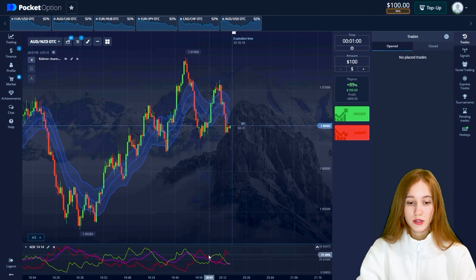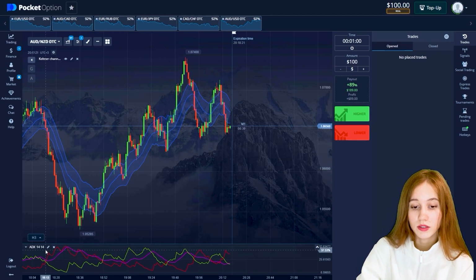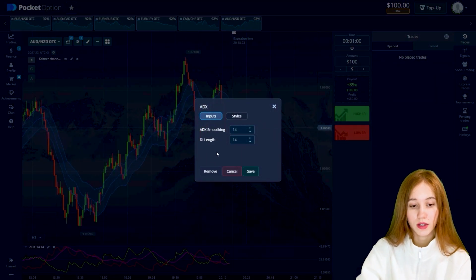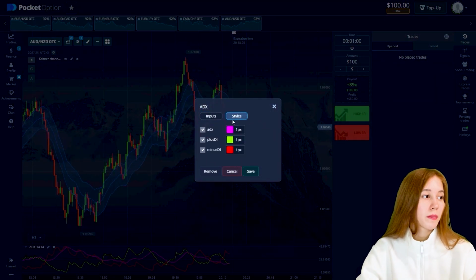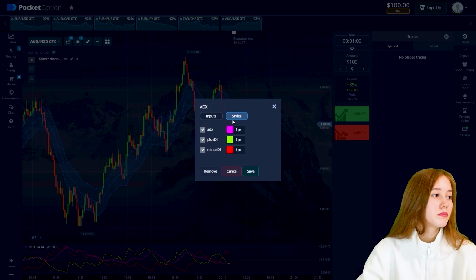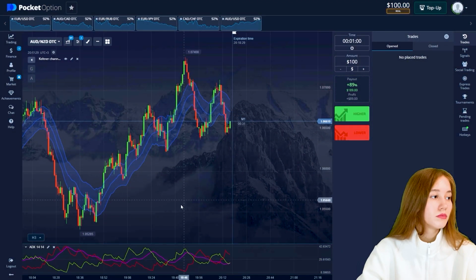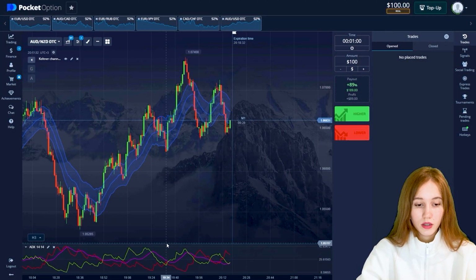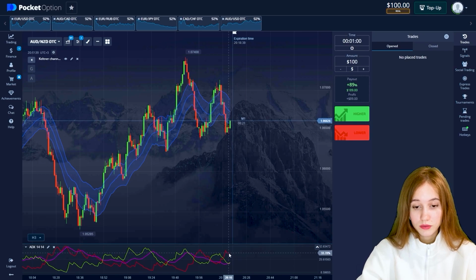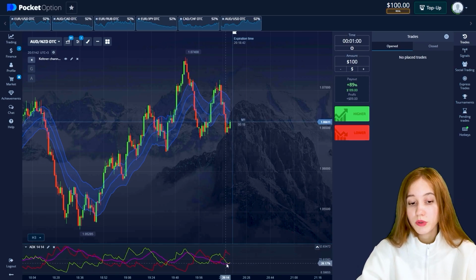The second indicator is ADX, located at the top of the screen, and here are the settings. So it's plus DI and minus DI, green and red.